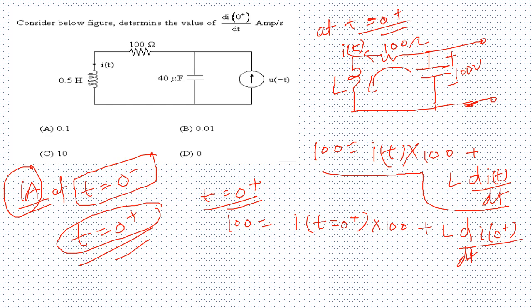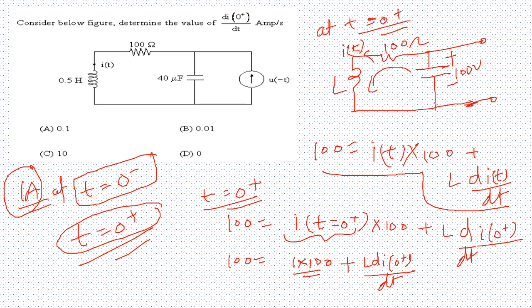Now this current at t equals 0 plus is already known to me as 1 amp, so 100 equals 1 into 100 plus L di of 0 plus over dt.